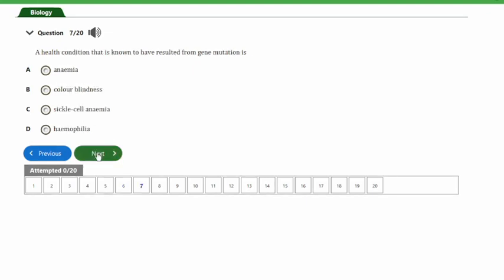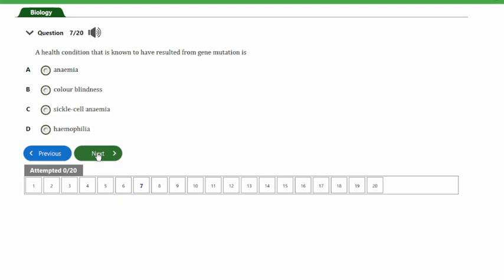A health condition that is known to have resulted from gene mutation is A. Anemia, B. Color blindness, C. Sickle cell anemia, and D. Hemophilia. The answer is option D, and that's hemophilia. Hemophilia is a group of hereditary genetic disorders that impair the body's ability to control blood clotting.